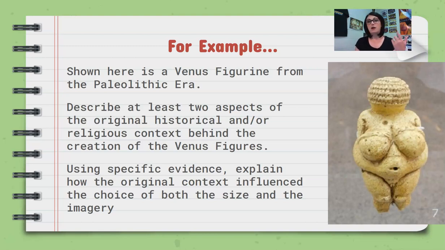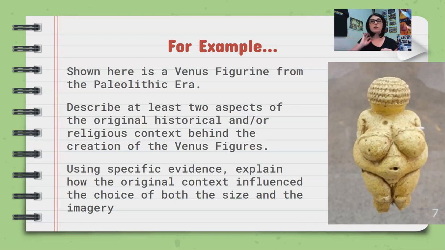During this time, this is a really good phrase in context, during this time, or so during the Paleolithic era. That's a really good way to start a context question, all right? So during the Paleolithic era, humans were nomadic, right? That's historical. They were hunter-gatherers who moved from place to place. Therefore, they created works of art that were small in nature, or that were portable in nature.